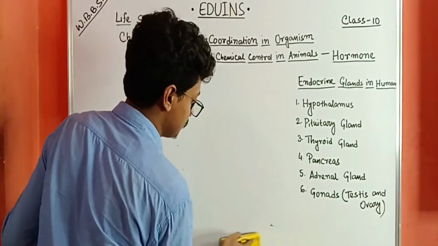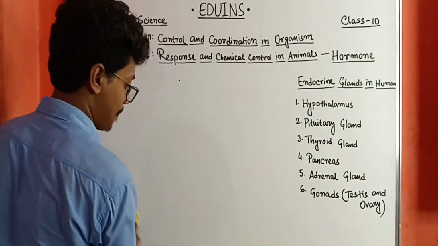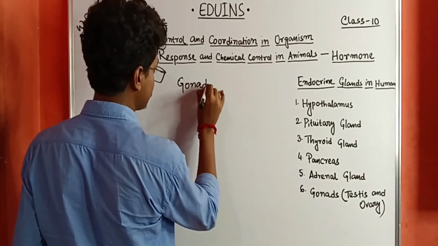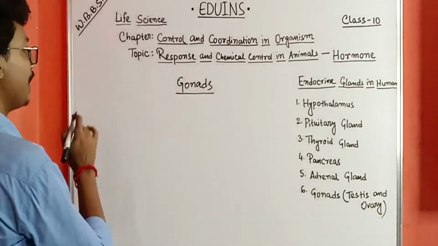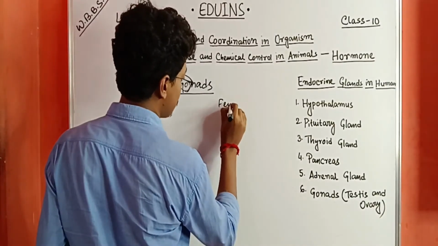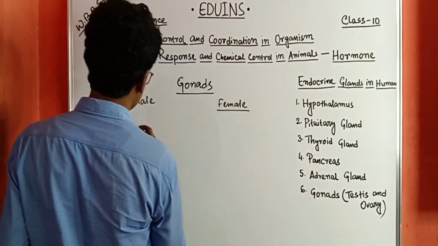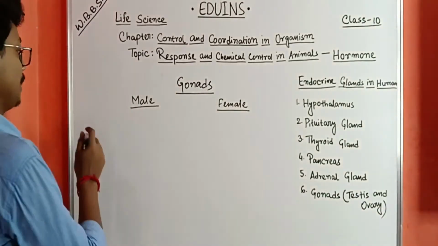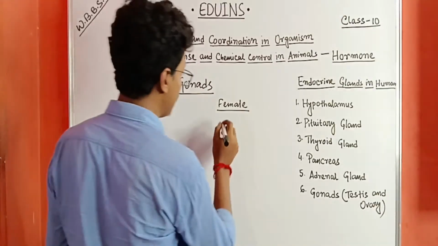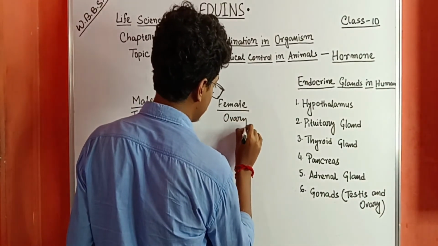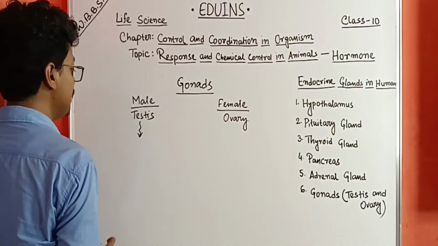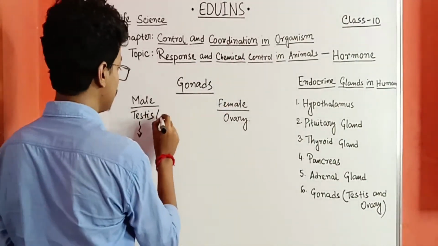Gonads. These are specific in male and female. In the case of male, the gland is the testis, and in the case of female, the gland is the ovary. The testis is located in the scrotum.